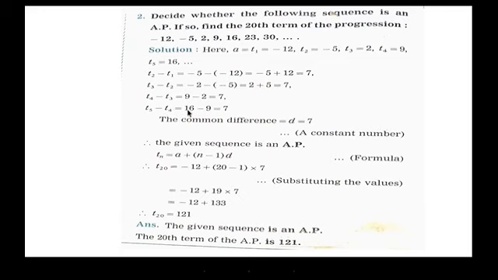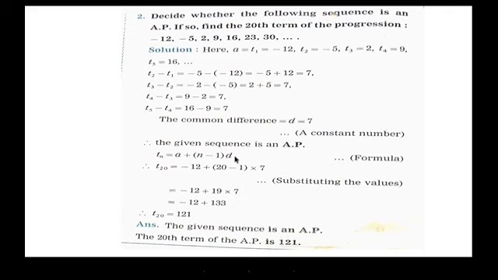T5 minus T4 is 16 minus 9, that is equal to 7. This way we continue for most of the terms in the sequence. We see that the difference is constant in all the instances. So the common difference D is equal to 7. That is why the given sequence is an arithmetic progression.